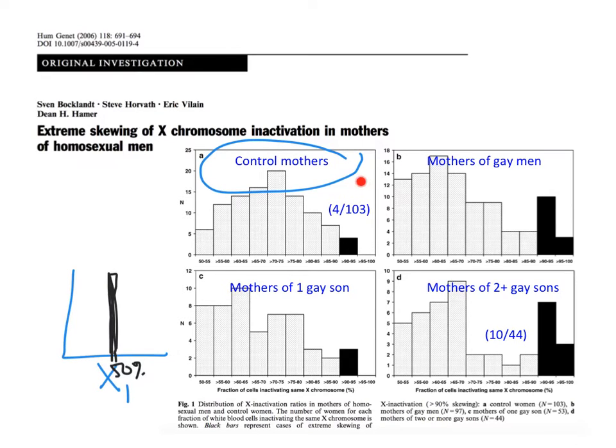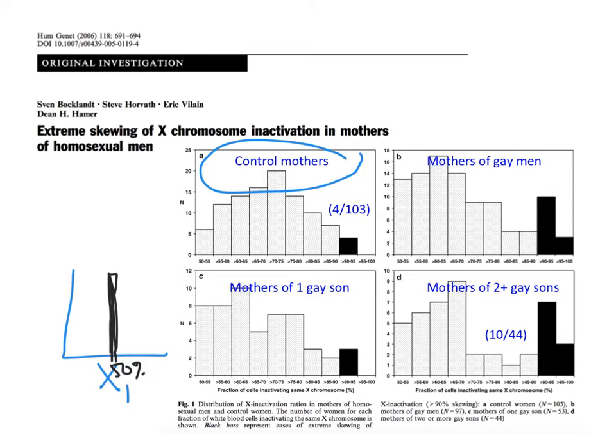So what does it mean that we have this type of histogram? Where's 50%? This column. So out of 103 moms, what is that, 6 on the y-axis? 6 out of 103 moms had exactly 50%, what we would call random X chromosome inactivation.